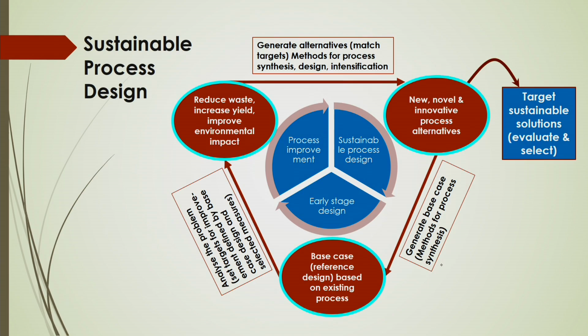Based on that you have to set targets in such a way that you can intensify the process to get more mass transfer, more heat transfer, and more of the other transport processes, whether physical or chemical. Based on this you can improve the process design, and by applying these things you can reduce waste, even increase yield, and also improve environmental impact.